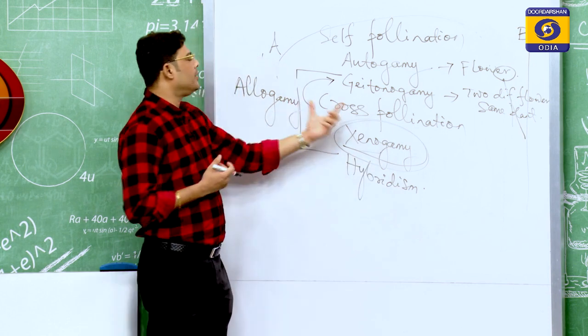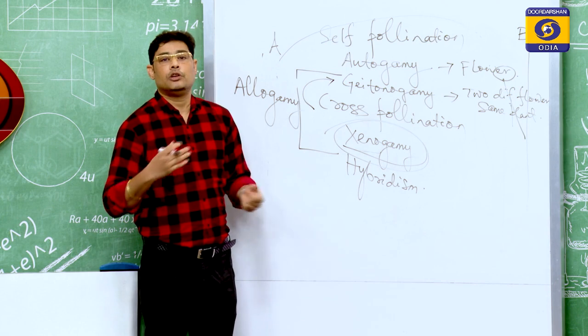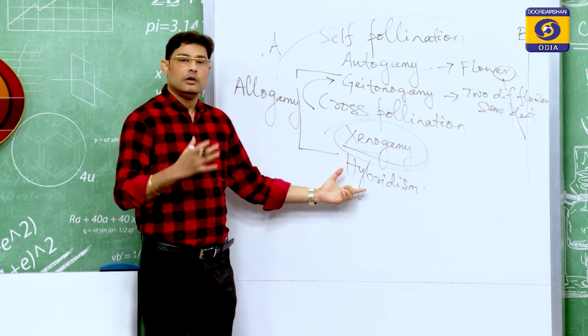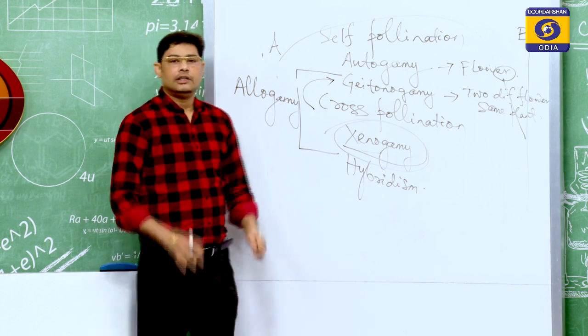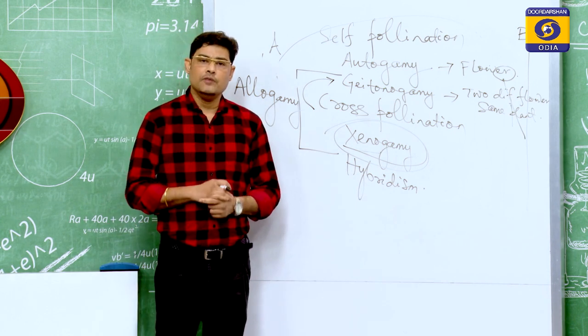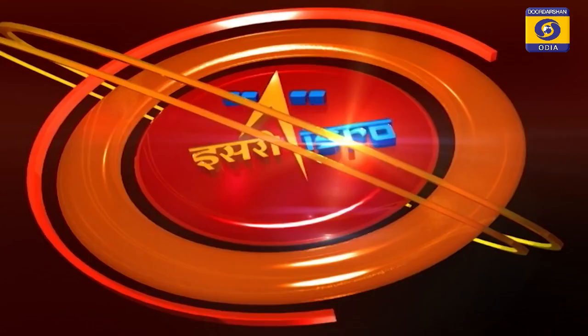Interspecific and intrageneric cross pollination we can do, but these are closely allied species. So this is about the types of pollination. Next we will move to the different contrivances of pollination.